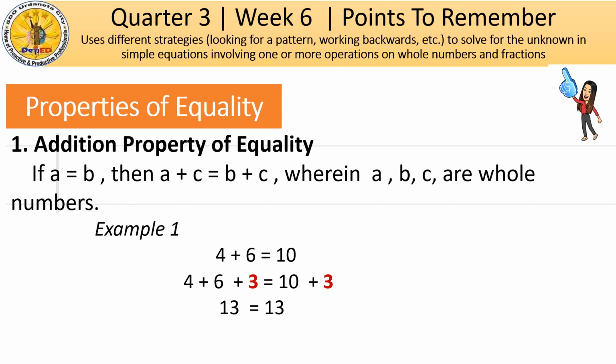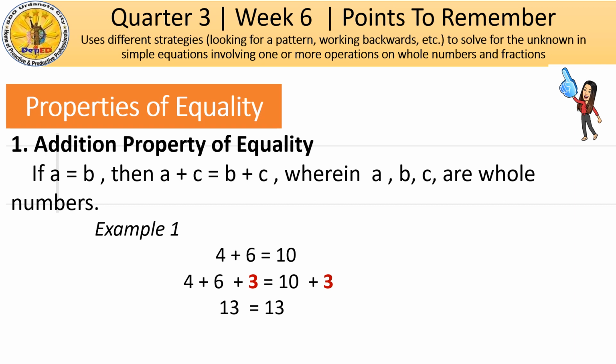Properties of equality. Number 1, addition property of equality. If a equals b, then a plus c is equal to b plus c, wherein a, b, c are whole numbers. Let us look at the numerical equation 4 plus 6 is equal to 10. To explore the idea of an equation as being balanced, the expressions on each side of the equal sign are equal.